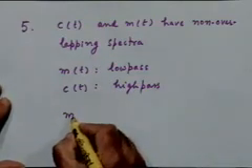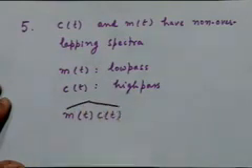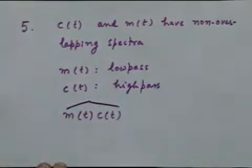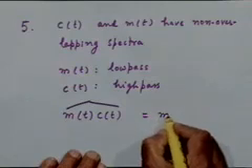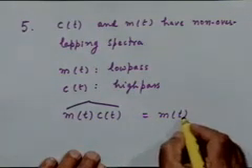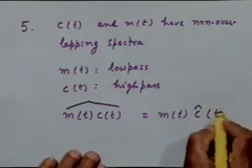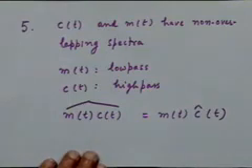Then if you consider the Hilbert transform of the product of these two signals, the Hilbert transform of m(t) into c(t), it will turn out to be nothing but m(t), the same low pass signal, multiplied by the Hilbert transform of c(t).